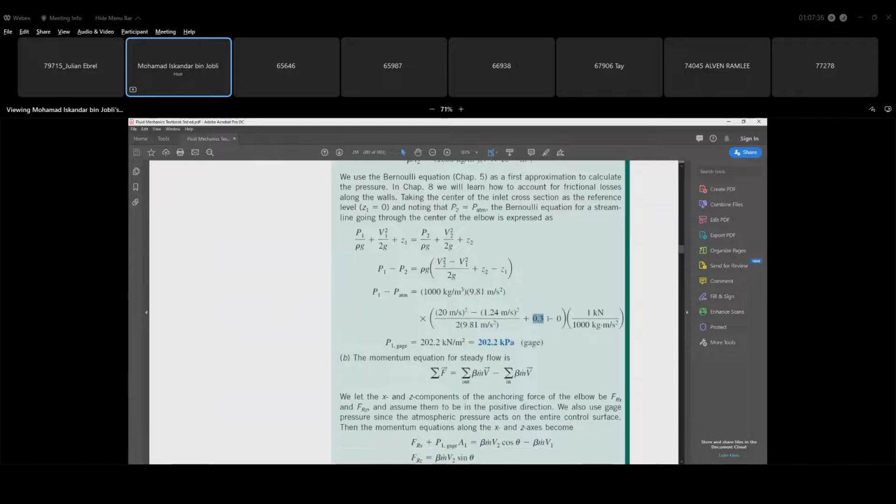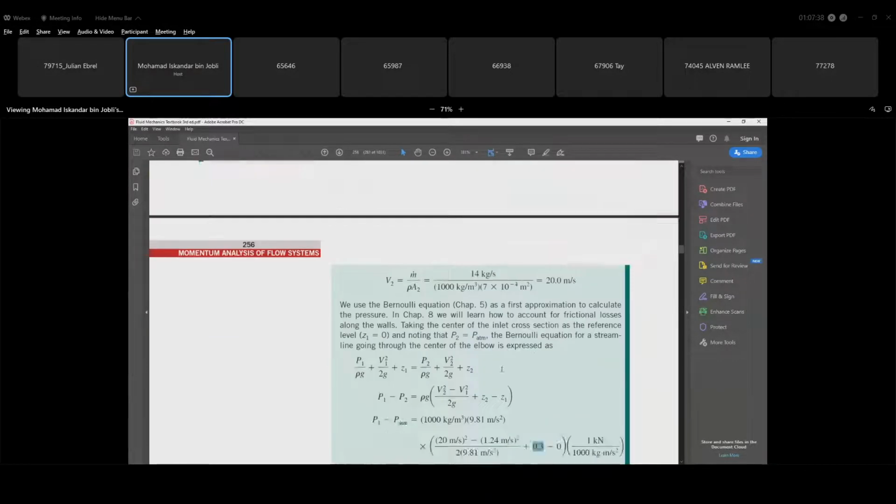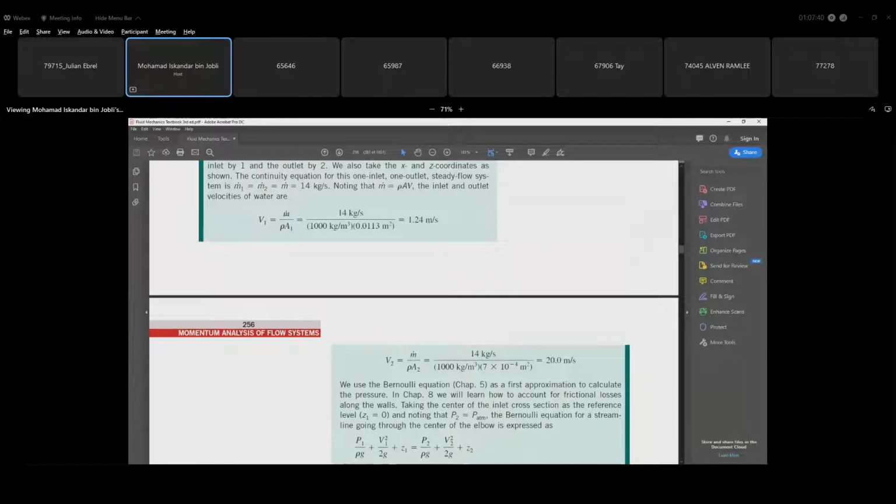So 0.3 minus this. You have to calculate the speed, V1. Where does this V1 come from? It is actually m equals rho AV. If you need to find V, V equals m divided by rho A, where m is the mass flow rate.